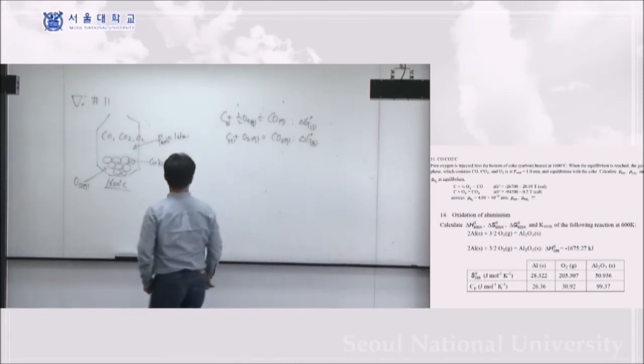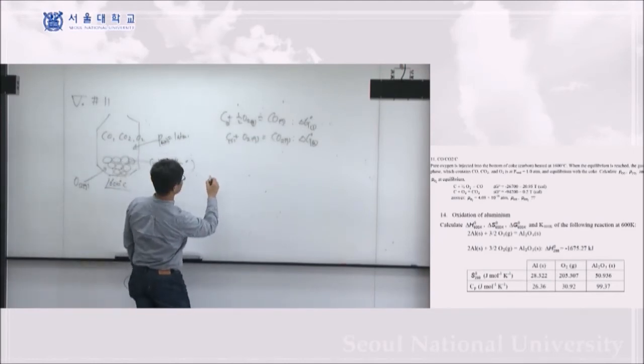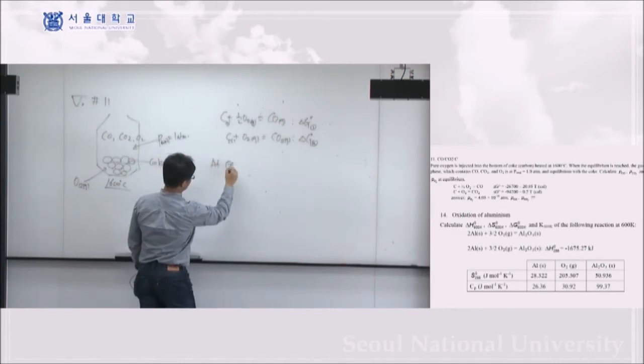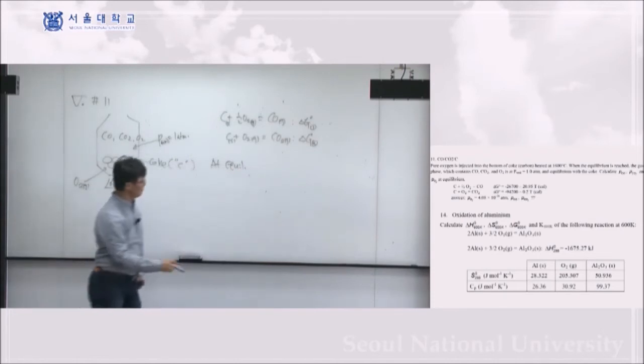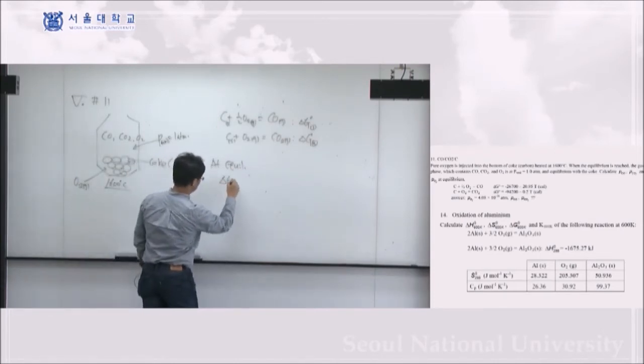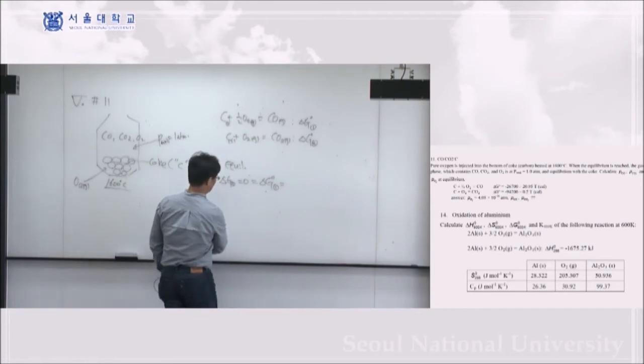Okay. So let's take it this way. At equilibrium state, you can have delta G of reaction 1 equal to 0, and this is delta G not of reaction 1 equal to, so let's do it a slightly different way.